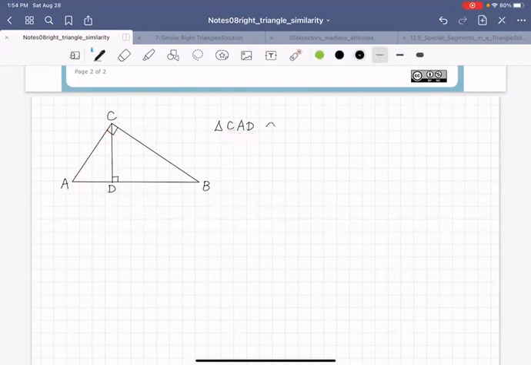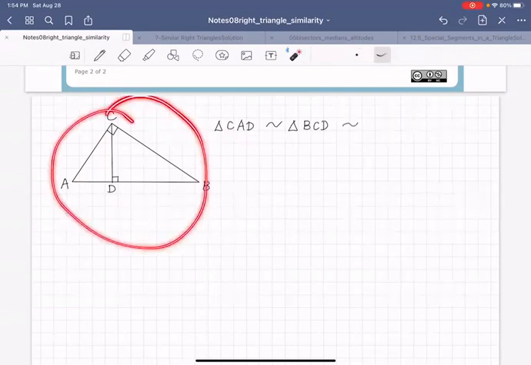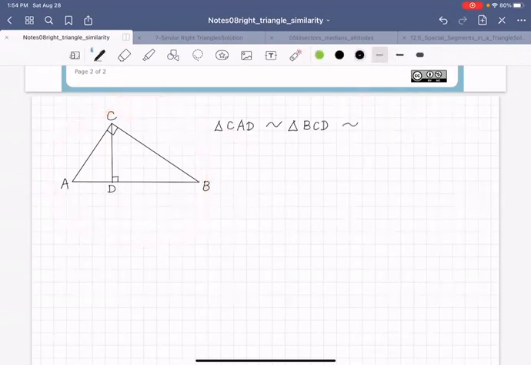Look at this. Similar with BCD. Very good. Similar with BAC.